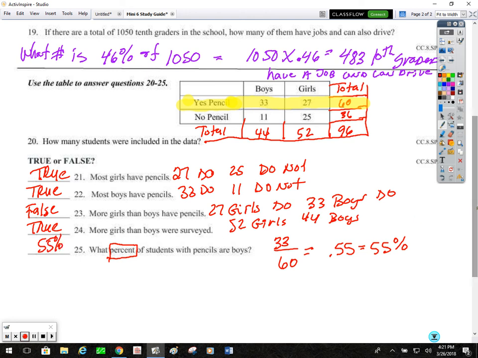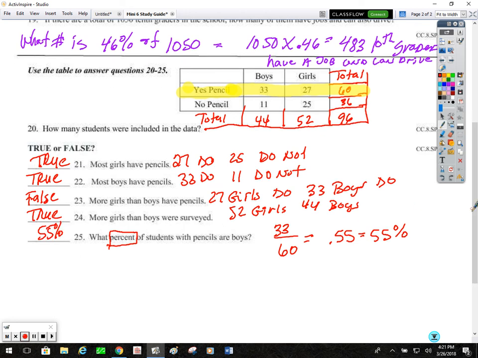All right, let's see if I can think of a couple more to ask you. What percentage, I'm just going to make this up. What percentage of the students surveyed are girls that do not have a pencil?